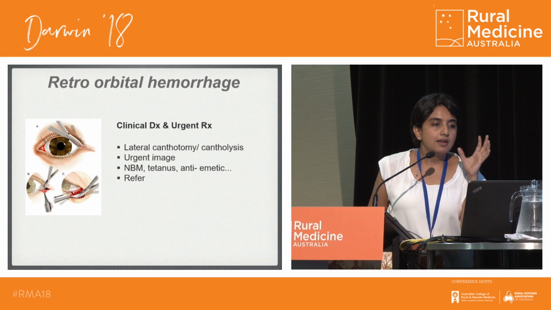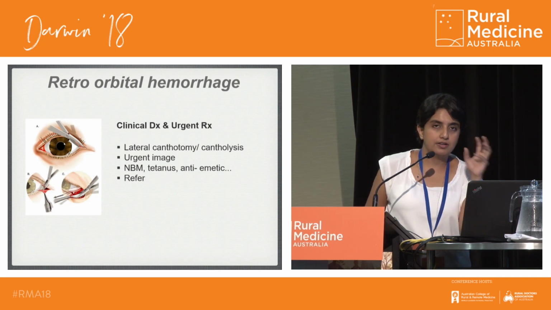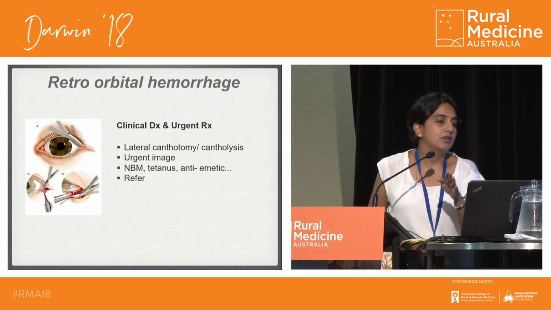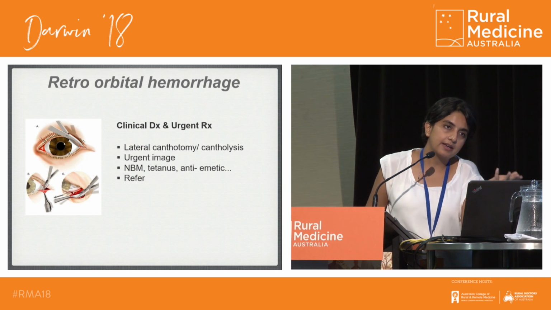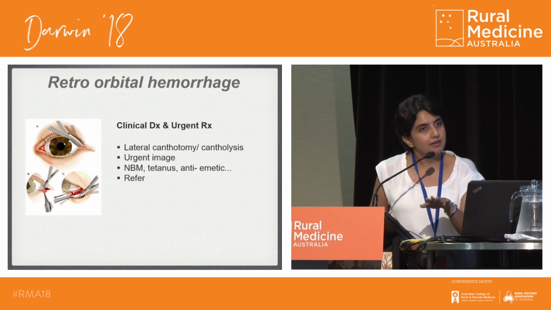So you should have a very low threshold to suspect this condition, and a very low threshold to treat. We never get into trouble, or we never will be questioned, if we did a lateral canthotomy cantholysis on somebody who retrospectively did not need it, but the other way works as well.